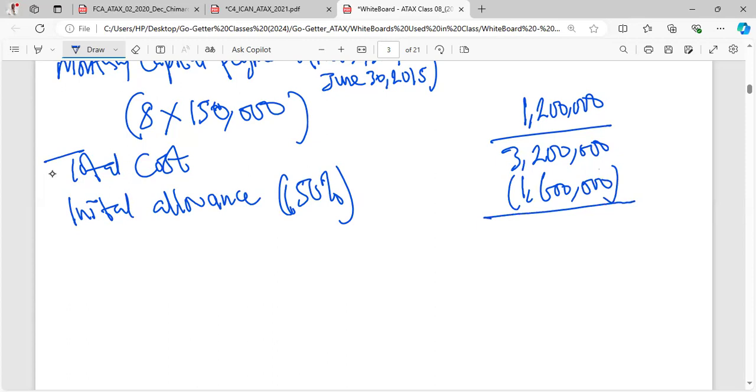Then the annual allowance, then the remainder will be 1,600,000. Then this is annual allowance, which is as good as saying 4 years or 25%.